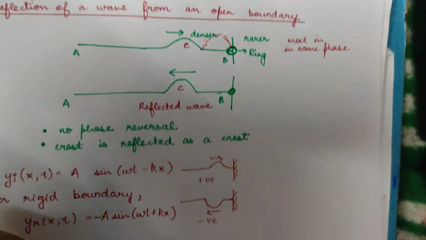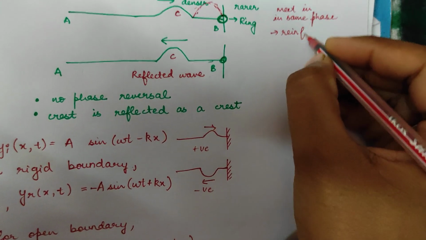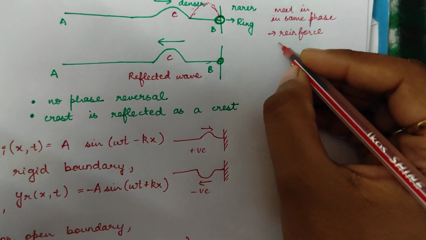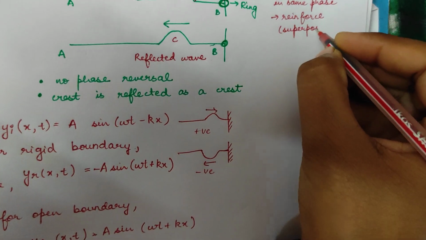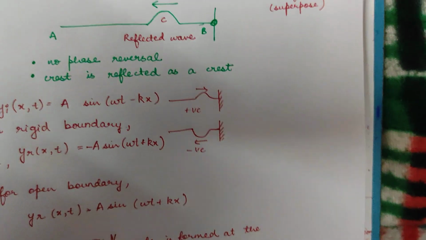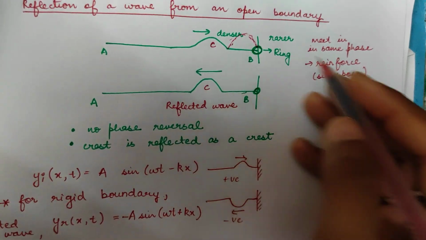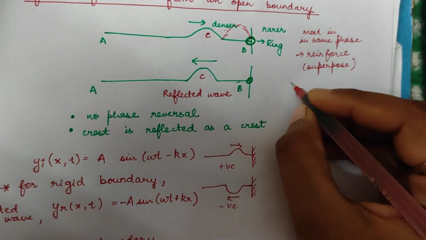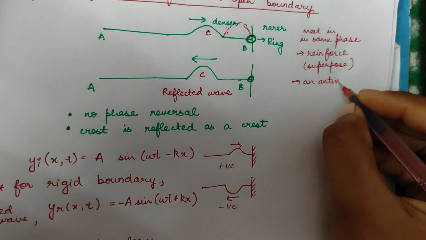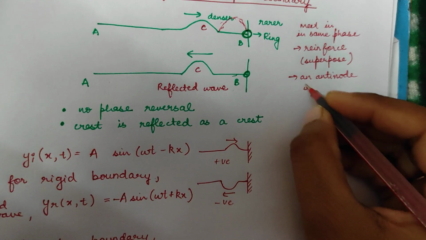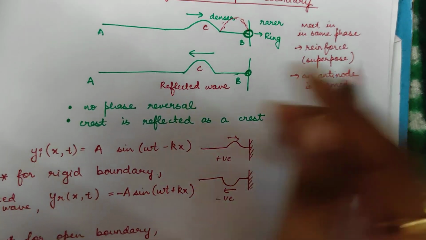So in this case, the incident and reflected pulses meet in the same phase, and that is why we can say that they reinforce or get added to or superpose each other. Hence, when these two wave pulses reinforce each other, an antinode is formed at the boundary.